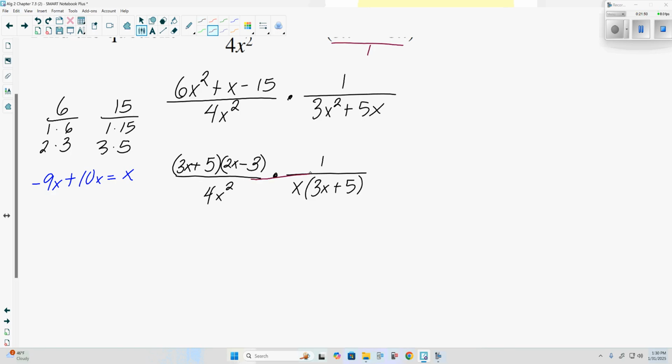So at this point, like we've been doing, we can merge them together, multiply them. Now, the bottom we'll have to actually do some multiplying because we have those terms outside the parentheses. But for sure, the 3x plus 5 and 3x plus 5 will cancel. Now, all that's left on top is 2x minus 3, and what's 2x minus 3 times 1?